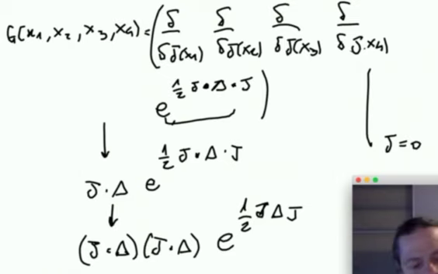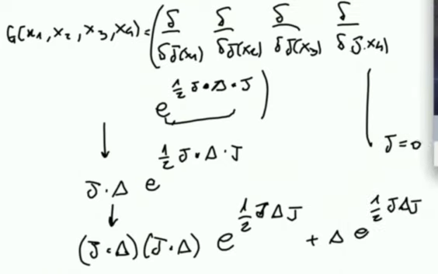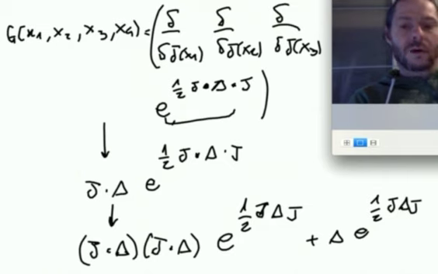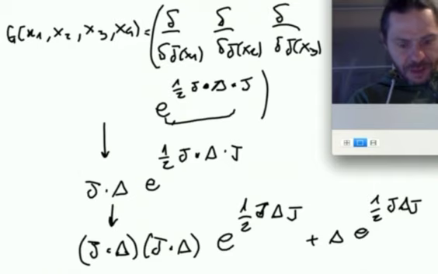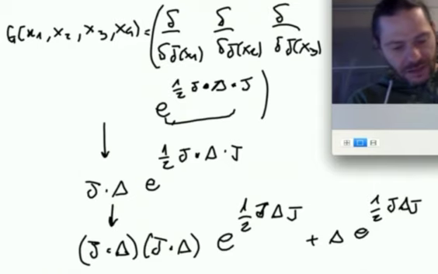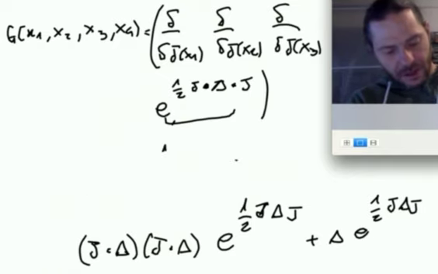When I act with the third derivative, and also acting on the second derivative, I will get a term like delta e to the 1/2 j delta j. When I act with one more derivative, it's getting cumbersome to fit everything on the screen.